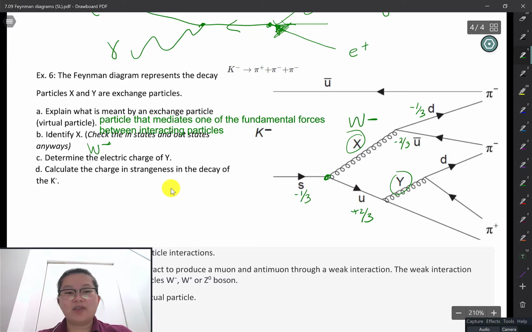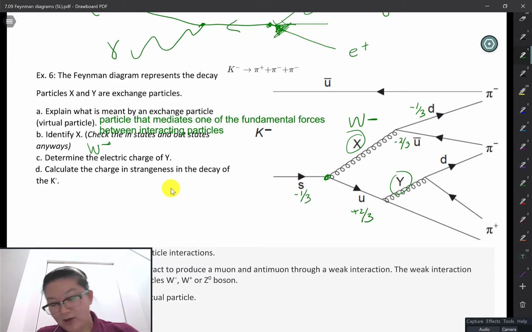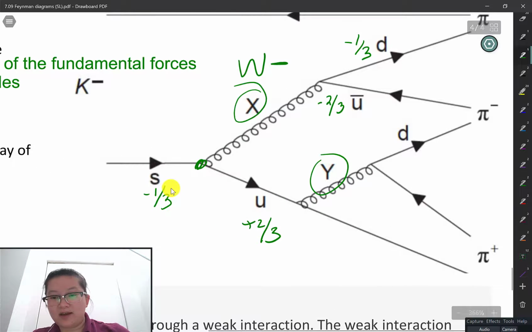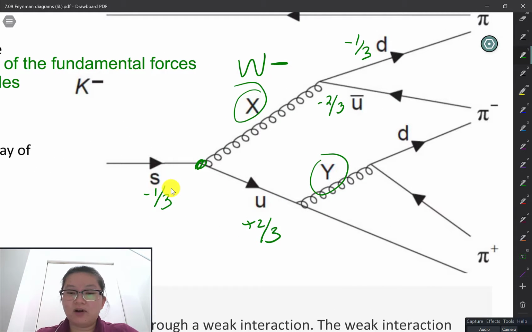Next up, we want to determine the electric charge of Y. I think this might be a little bit trickier because, first of all, we do know that this up quark continues down over here. We are not very sure exactly what there could be, as there are many possibilities.